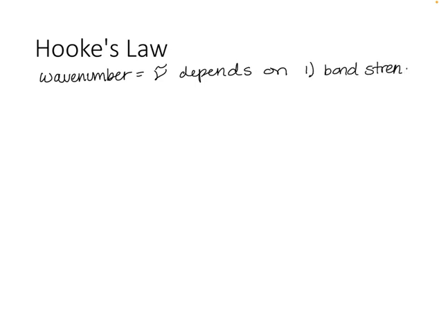Wave number, remember, was given the symbol nu with a little squiggle, and wave number depends on 1, the bond strength between two atoms, and 2, the masses of the atoms sharing the bond.